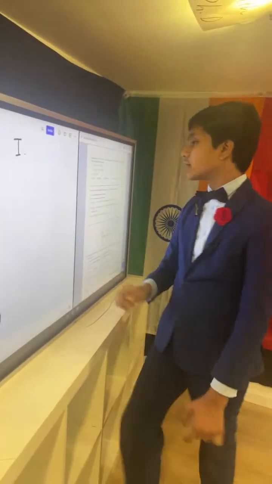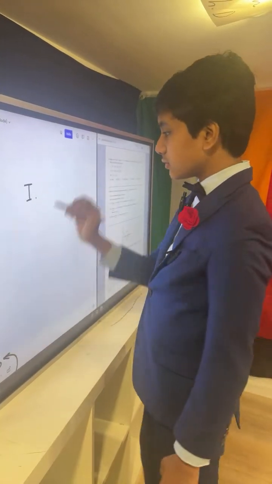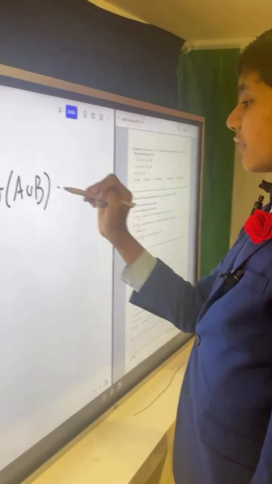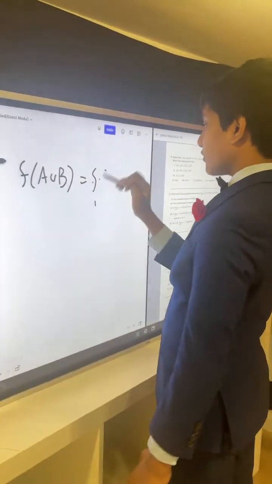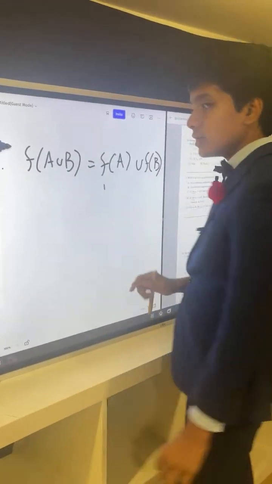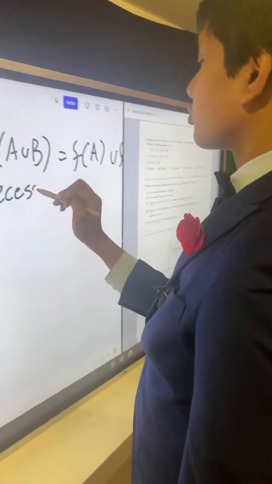Claim number 1: f of A union B is equal to f of A union f of B. So first we have to start by doing the necessary proof.